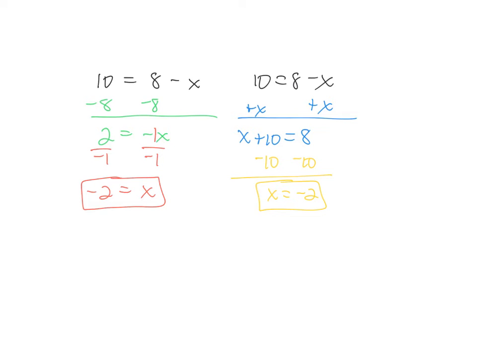Alright, if you remember back, I don't remember what day it was, but when I said the steps are parentheses, combine like terms, add and subtract to both sides, multiply and divide to both sides.